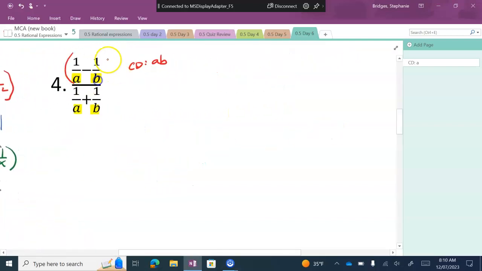So we're going to start by multiplying the top and the bottom of this complex fraction by AB. Do that one first.